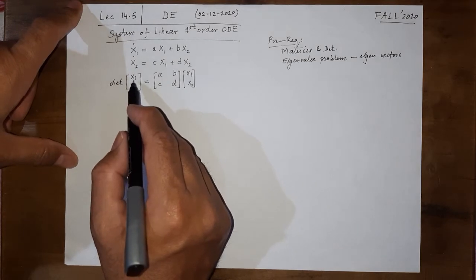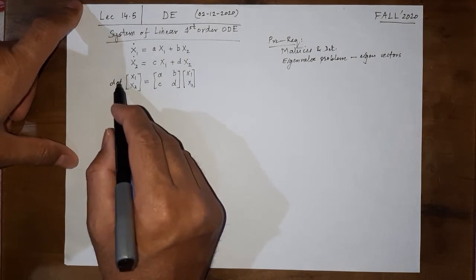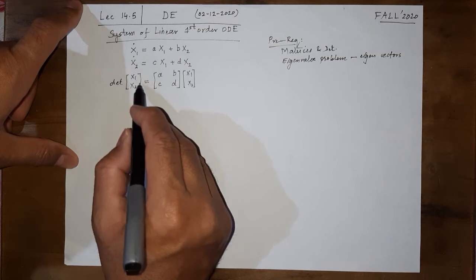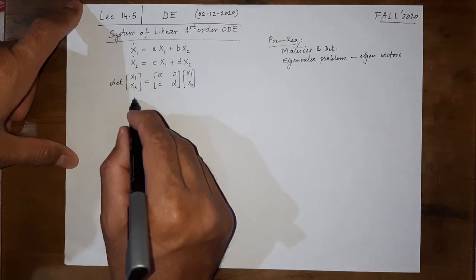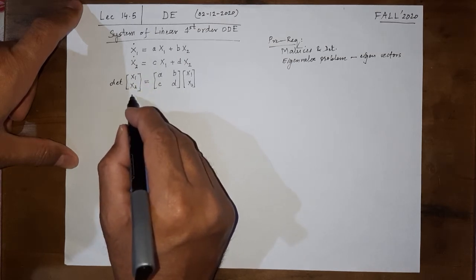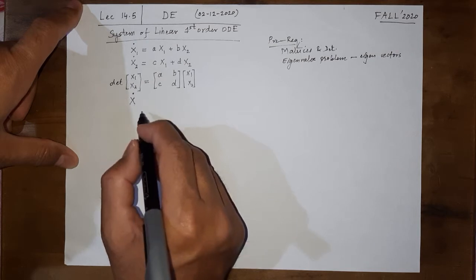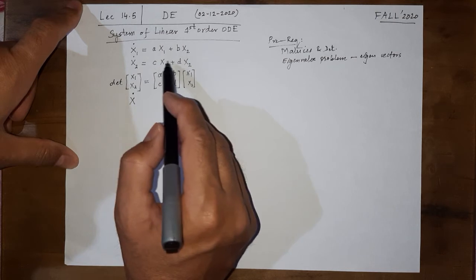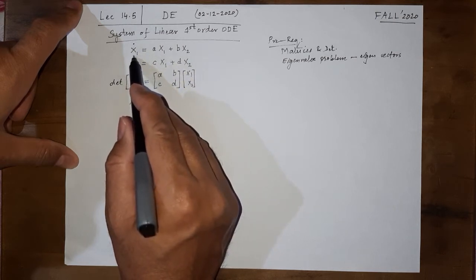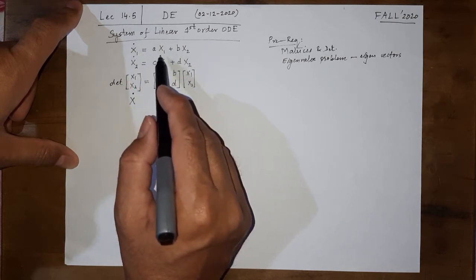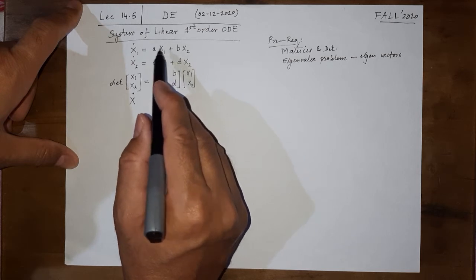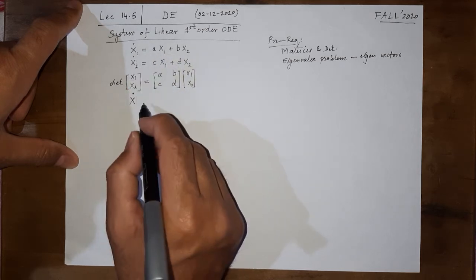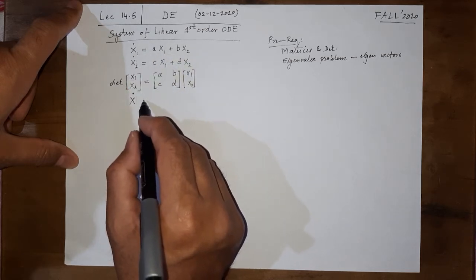We can represent this vector by, say, capital X with a dot on it. So the independent variable here is t. Based on this notation, time is the variable and x1 and x2 are the two functions that we are interested in.